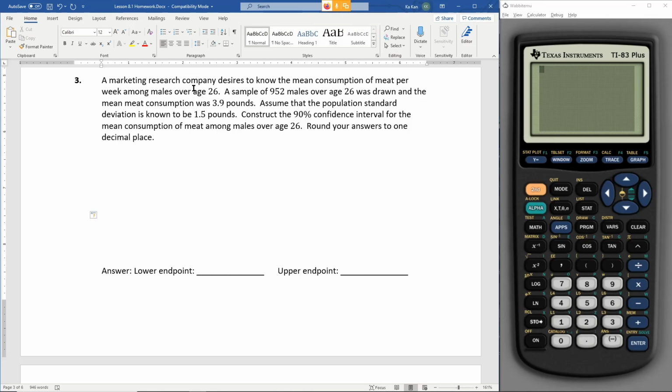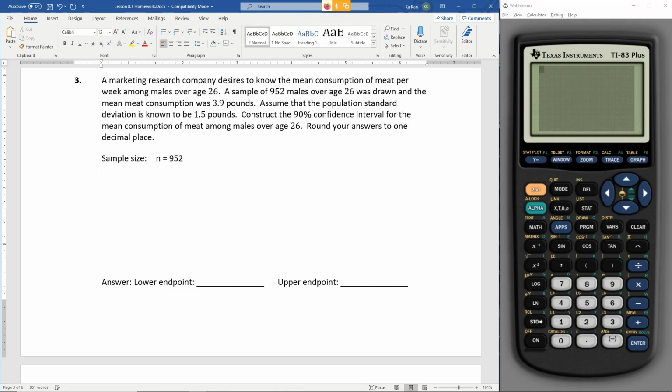It's not the mean, not the standardization, nothing. A sample of 952, so the sample size n equals 952. That's the first thing I know. And the mean meat consumption was 3.8 pounds.